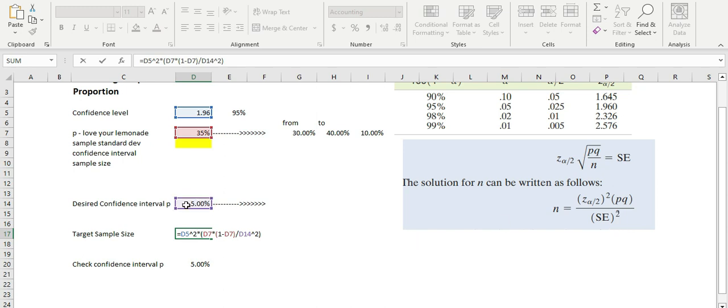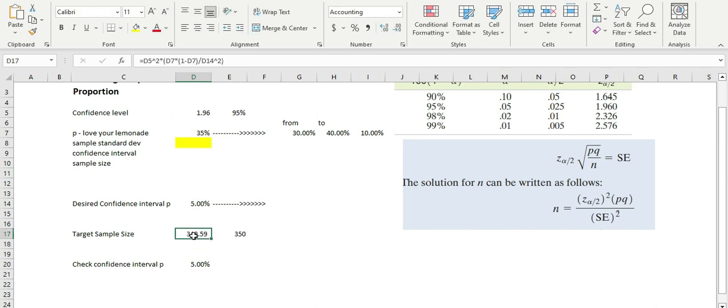And then voila, this is the answer: you need 350 for a 5% confidence interval.